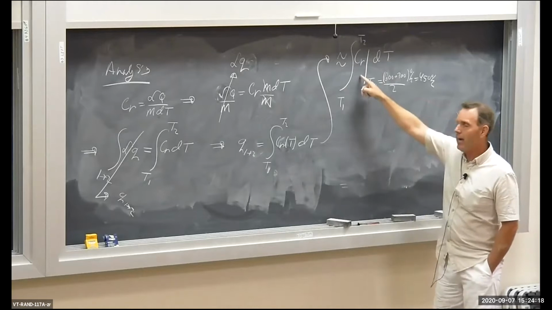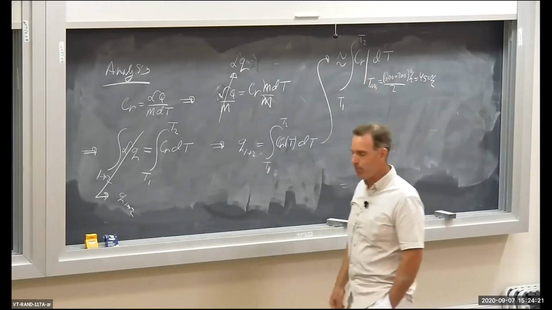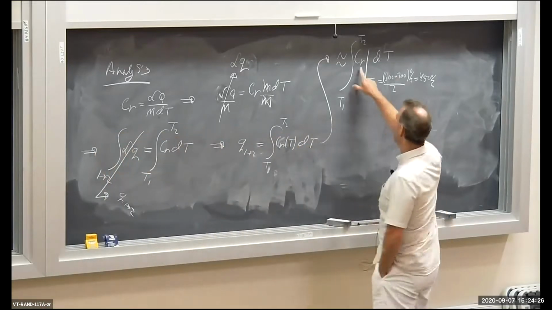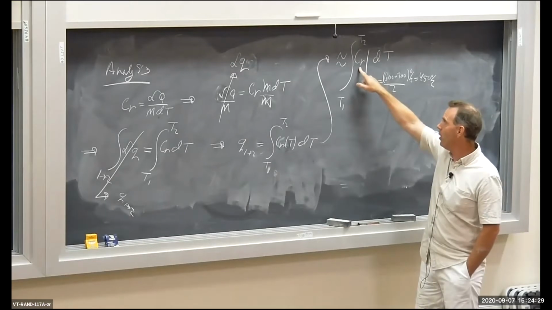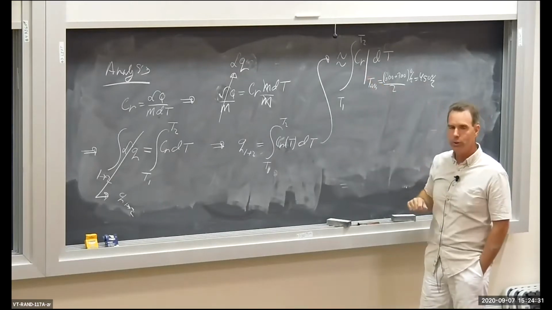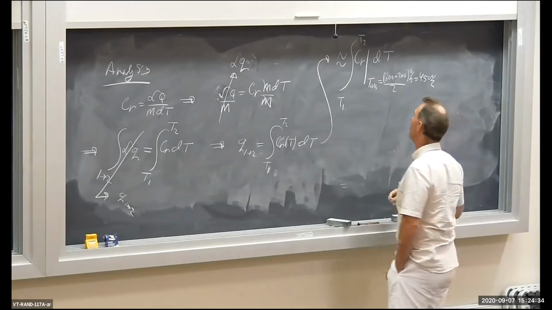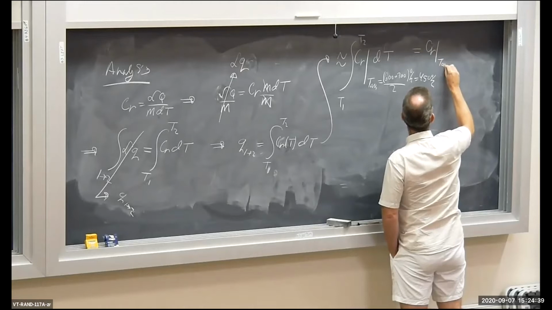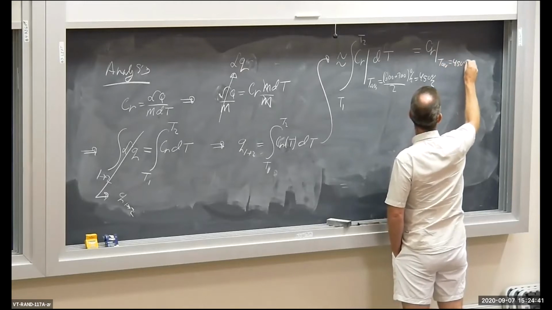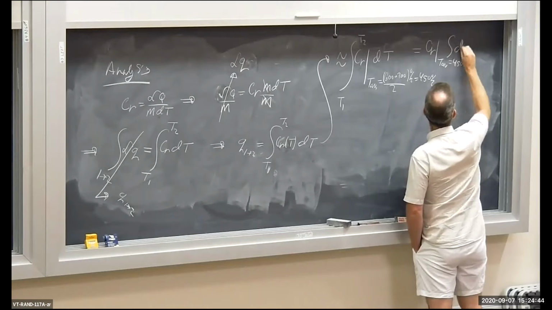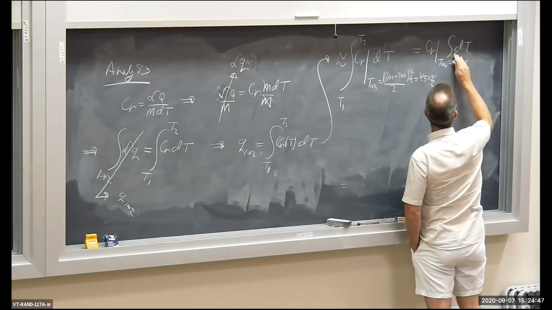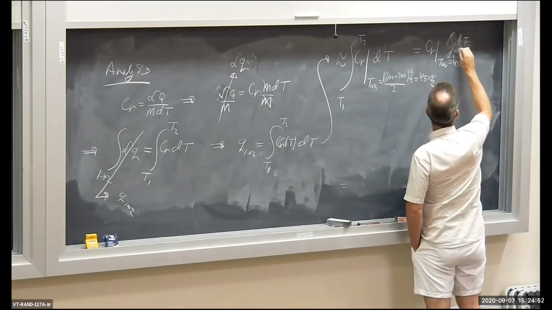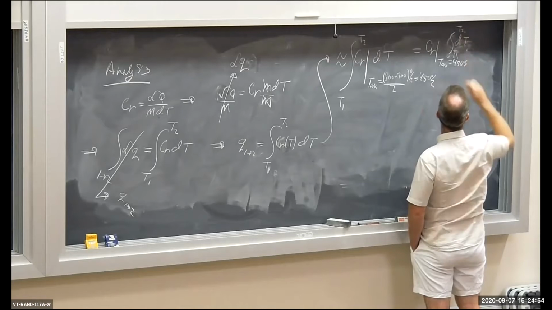What can I do with a constant or average specific heat when it's in an integral? This is now a constant value, CV evaluated at 450 Kelvin. Let's pull it out of the integral. CV at T average times the integral of dT from T1 to T2.